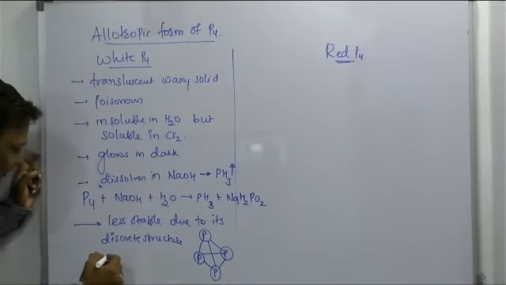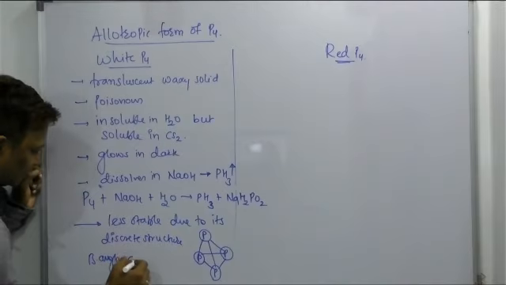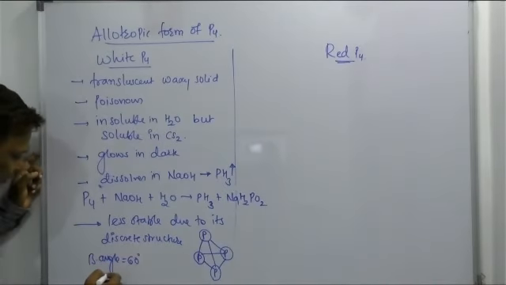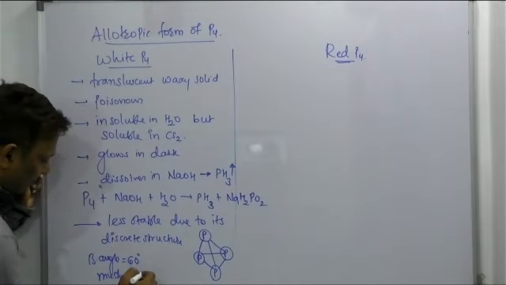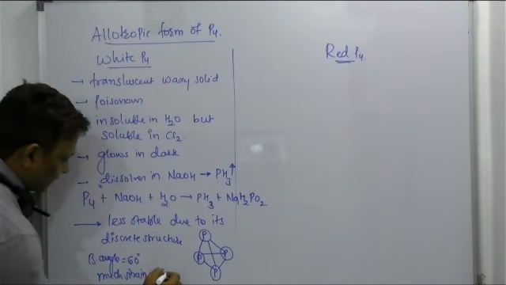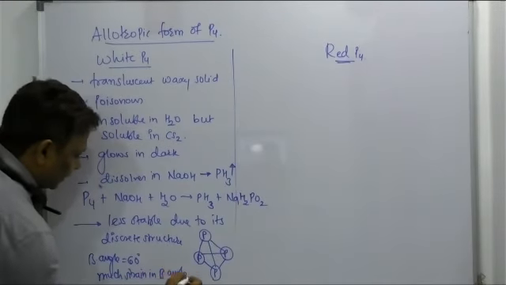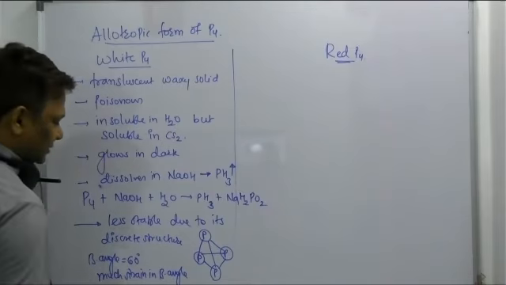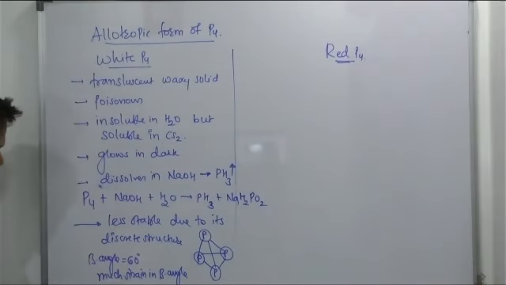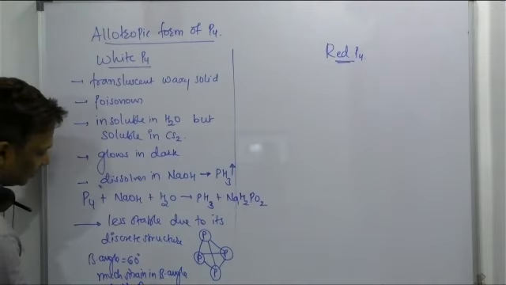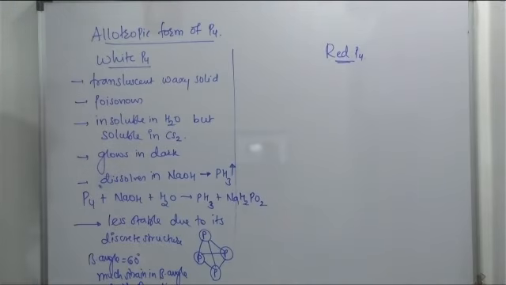As the bond angle is 60°, there will be much strain in the bond angle, which means it is obviously less stable. And as it is less stable, it becomes more reactive.